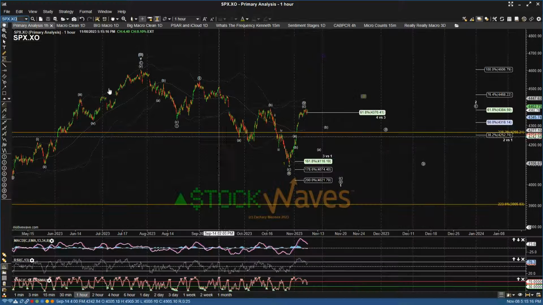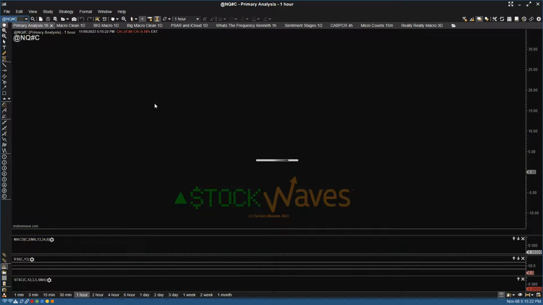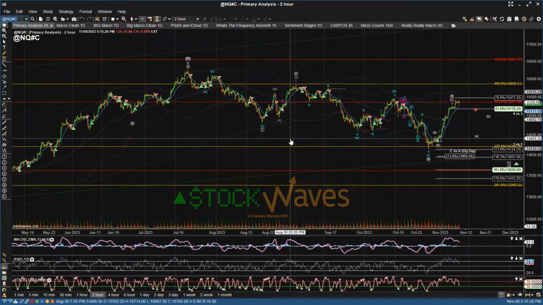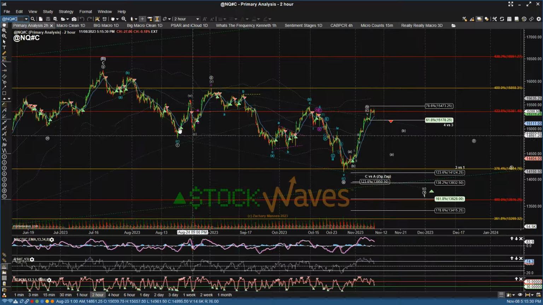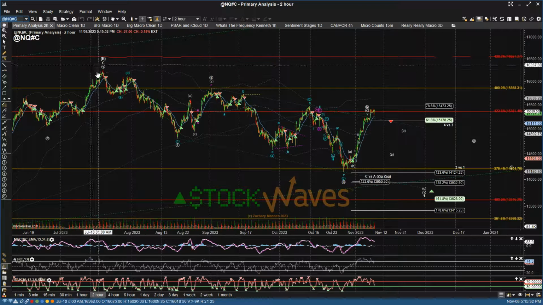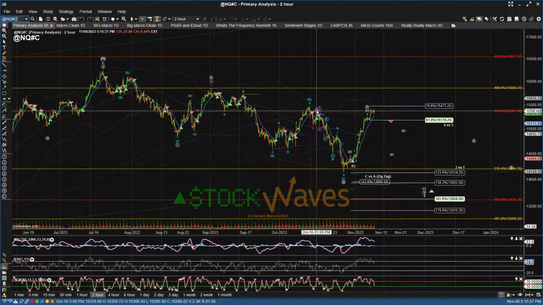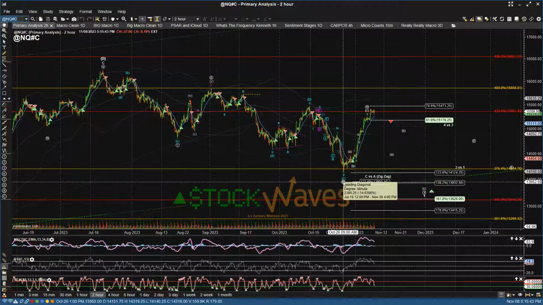Starting with NQ, if it'll let me type that in. There we go. Oops, I need to go to the back adjusted, which is the NQC. NQ got a little bit higher than ideal if this is going to be the same fourth. I do really like the way that this counts as all of the B wave, and it really is a little bit more clearly structured as an ABC for just the wave 3.